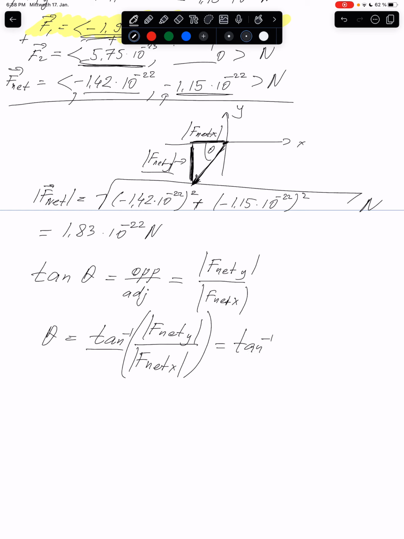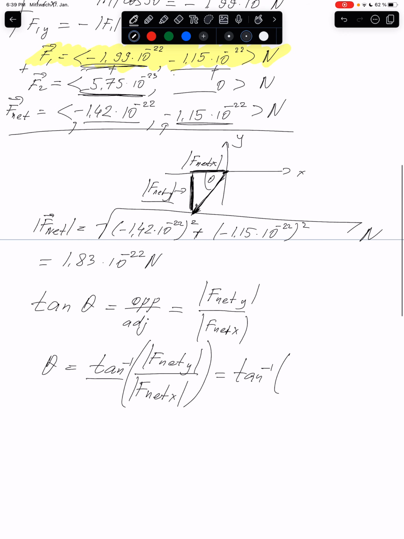F net y is 1.15 times 10 to the negative 22, and F net x is 1.42. The 10 to the negative 22 in numerator and denominator cancel out, so I will not even write them.